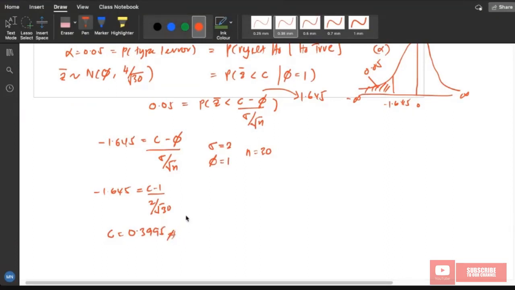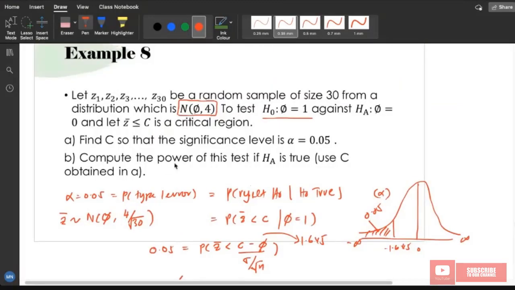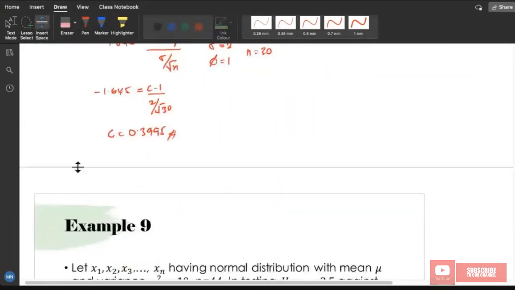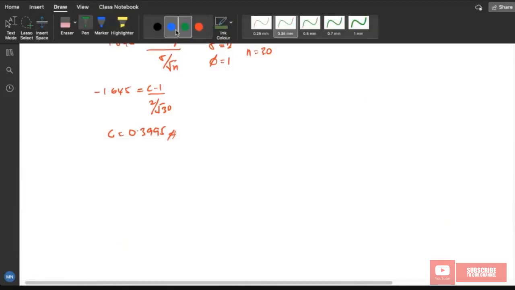Then for B, if you want to compute the power of this test, if the alternative hypothesis is true, use the C obtained in A. So first we need to find the probability of type 2 error, beta, which is equal to the probability of accepting the null hypothesis when the null hypothesis is false.